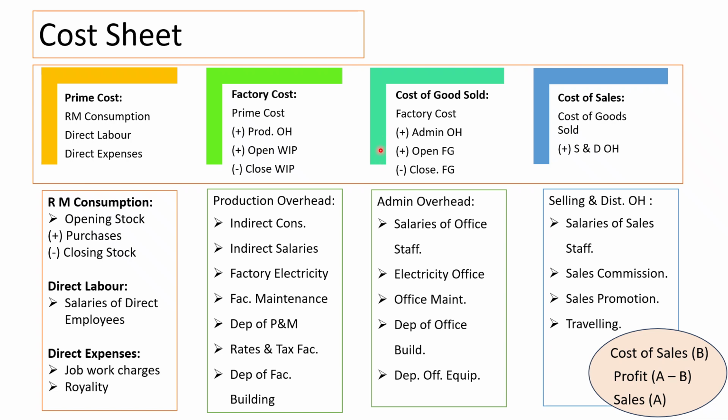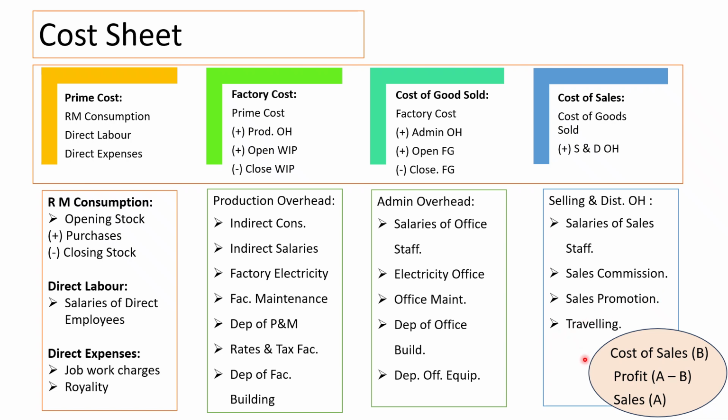Then after adjustment of value of opening finished goods and closing finished goods, you will get cost of goods sold. From the cost of goods sold, if we add selling and distribution overhead, you will get cost of sales. Selling and distribution overhead means salaries of sales staff, sales commission, sales promotion expenses, and travel expenses.